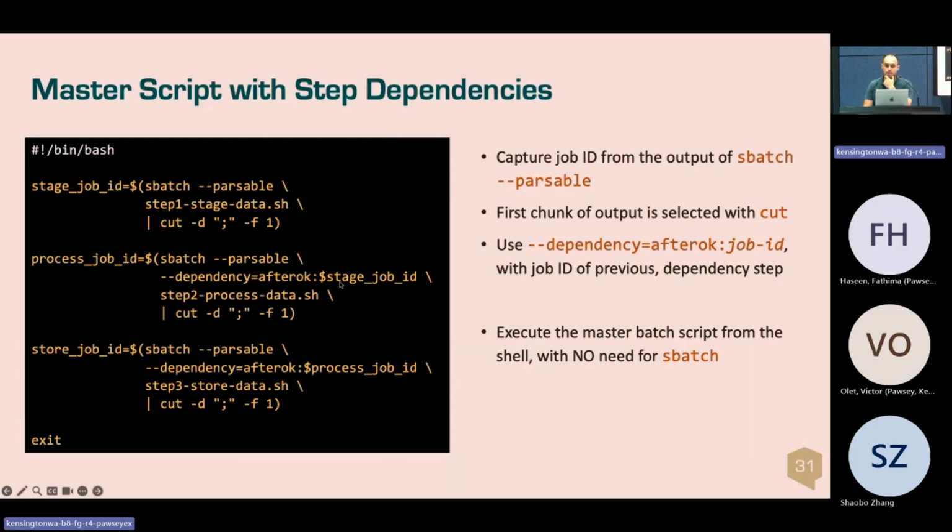So after the job ID you specify has completed successfully, then this dependency is resolved, and you can start this processing. So this part won't start until this one has completed successfully. And again, similarly, you can store the results back only after the processing job has completed. So this is the kind of thing you can do with Acacia.